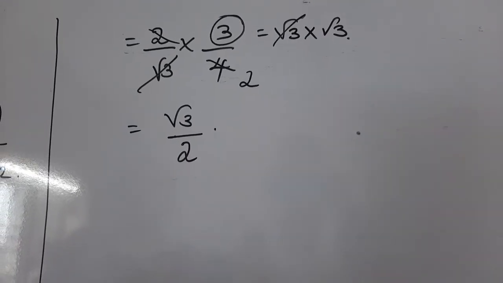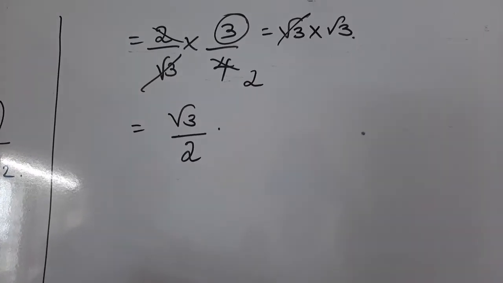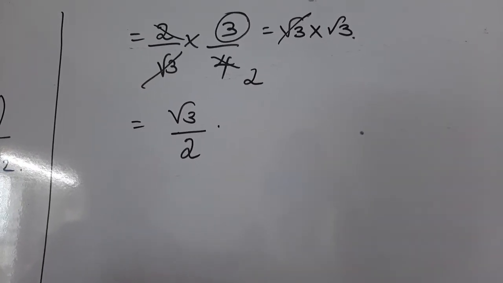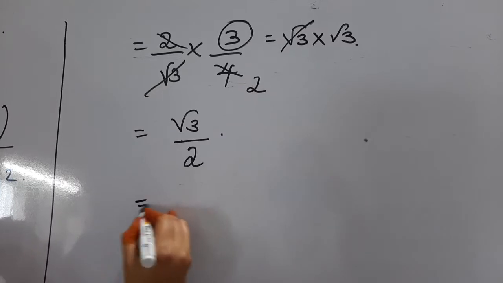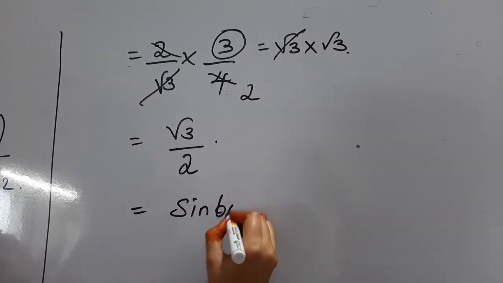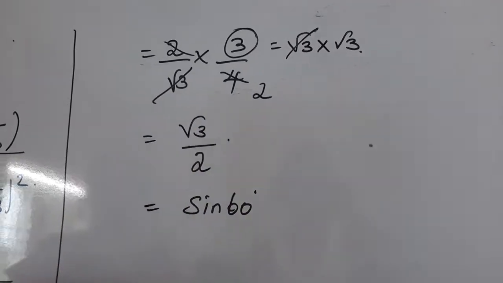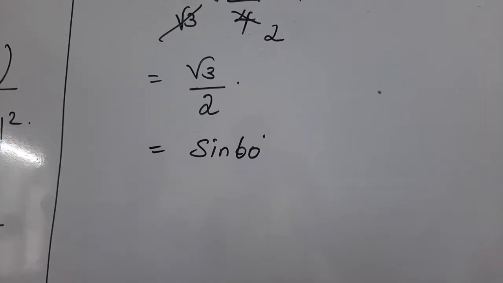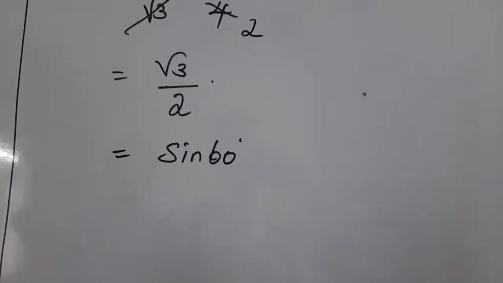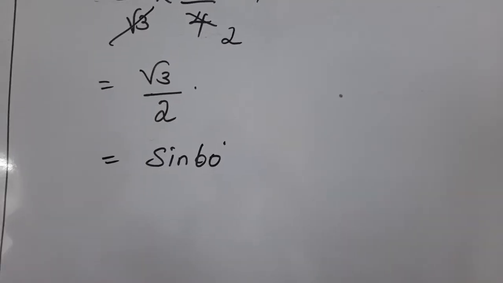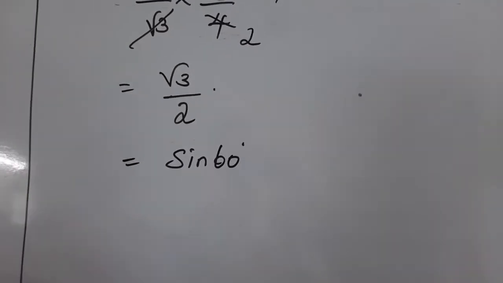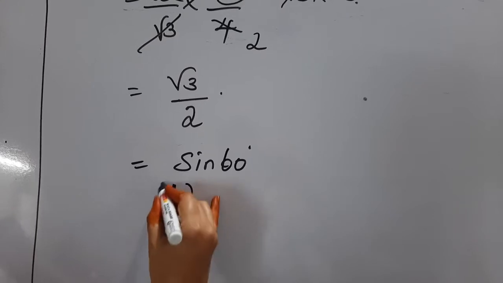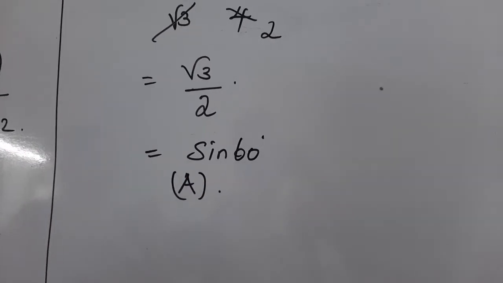Check and tell me. It is sin 60. So when we simplify 2 tan 30 by 1 plus tan square 30, we get the value root 3 by 2, which is the value of sin 60.